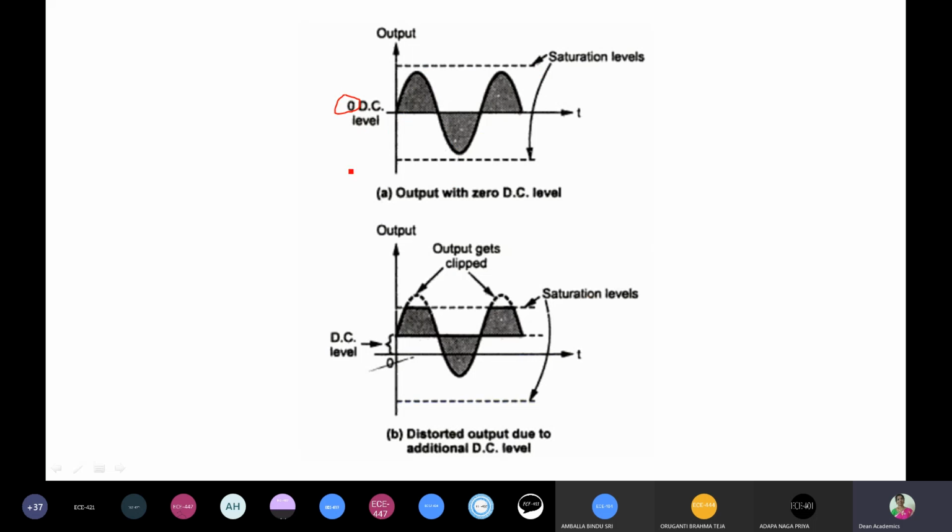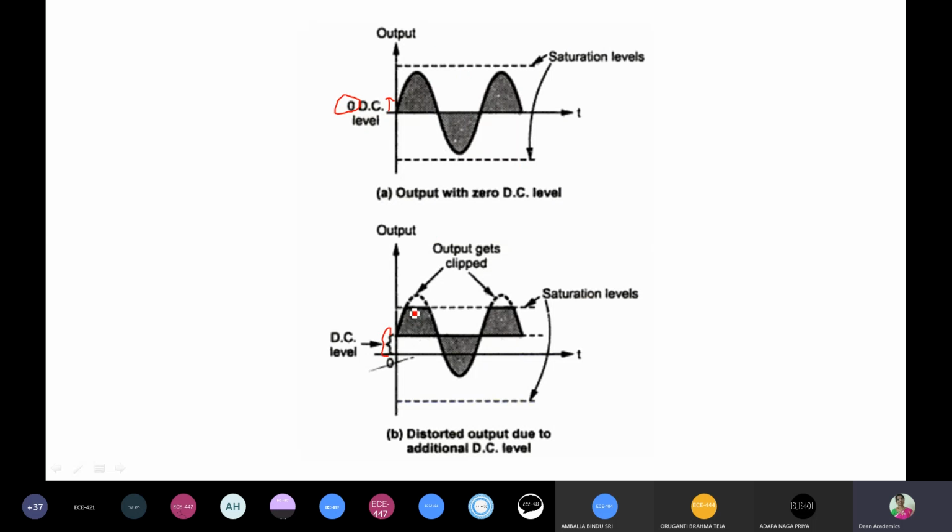When a DC level is added, this waveform shifts upward, and you can see the same shift here. This much DC is added, therefore the waveform shifted upward. But the maximum V plus VSAT and minus VSAT are fixed for the transistor, so it cannot allow more than a certain voltage.